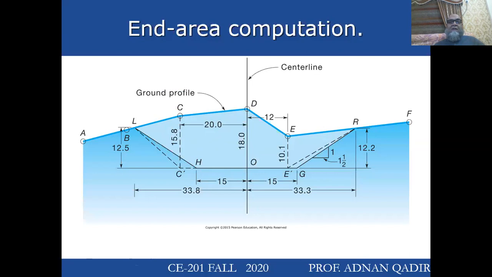Now, this is triangle C, CL, C dash. So this is one area, this is the second area, now this is the third area. This is 10.1 trapezoid having 12 feet and different heights, and then there is a triangle. This is 10.1 having the base, and this is the height.